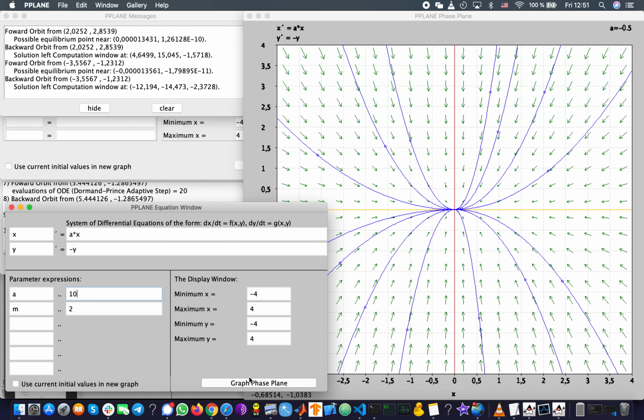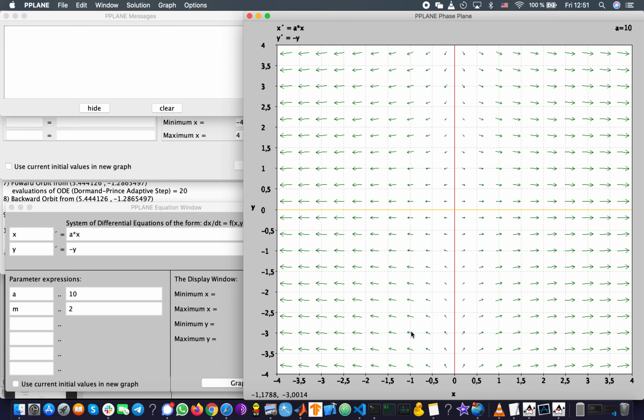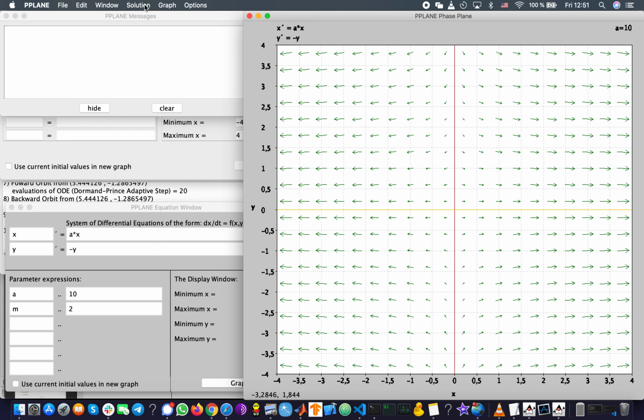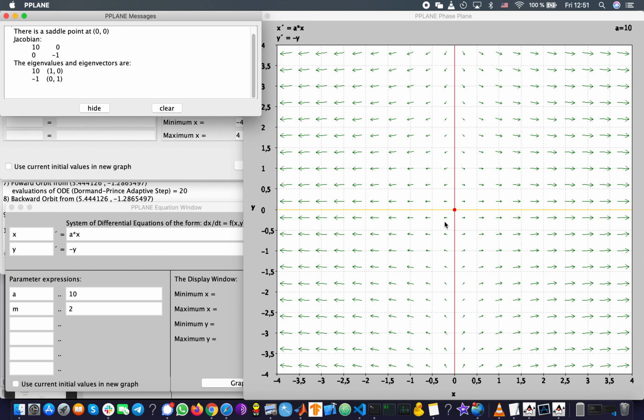So let's say, for instance, a is 10. In this case, with a positive, we still have x star as our unstable fixed point, and by unstable fixed point we mean that the vectors are repelling from it.